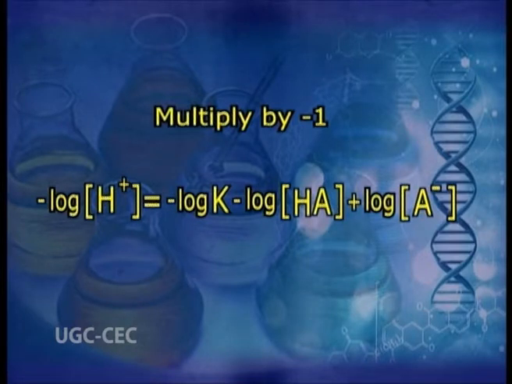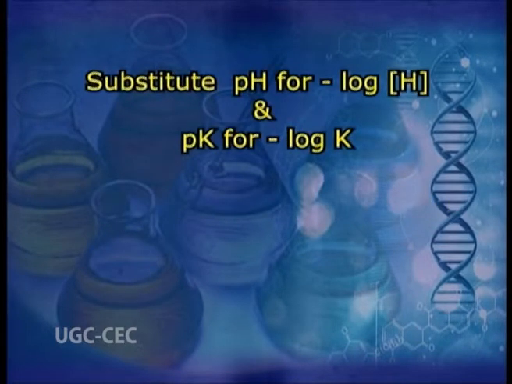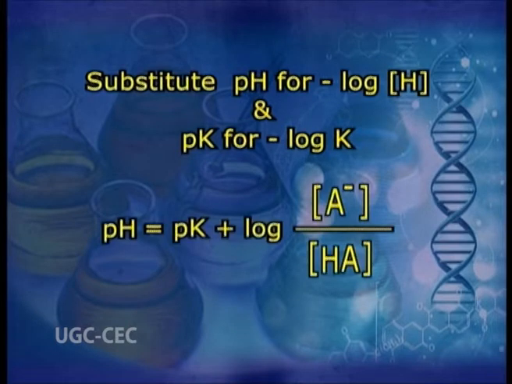So, it becomes minus log hydrogen ion concentration is equal to minus log K minus log acid concentration plus log acetate ion concentration. Substitute the term pH for minus log hydrogen ion concentration and pK for minus log K. So, it becomes pH is equal to pK plus log acetate ion concentration upon acid concentration.